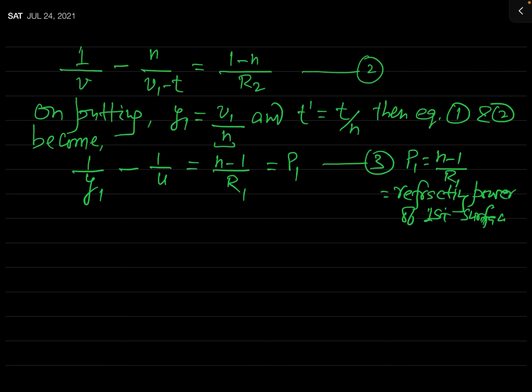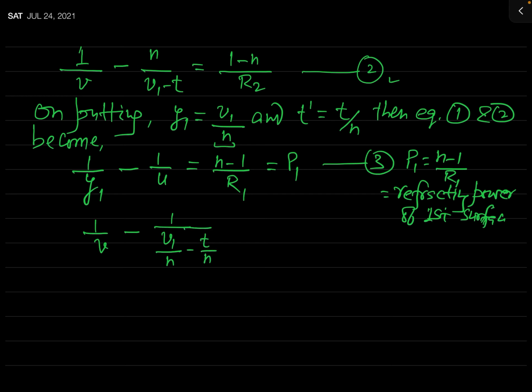Similarly, we will now write this equation number 2 in terms of these substitutions. So you can see 1 over v minus, you can write this equation in this manner: 1 over v1 over n minus t over n.